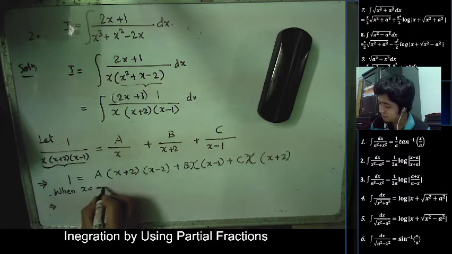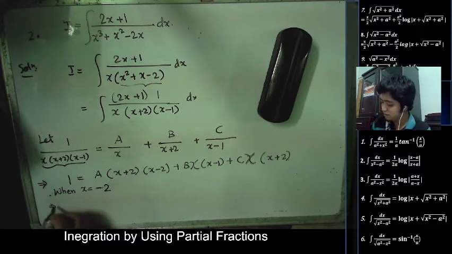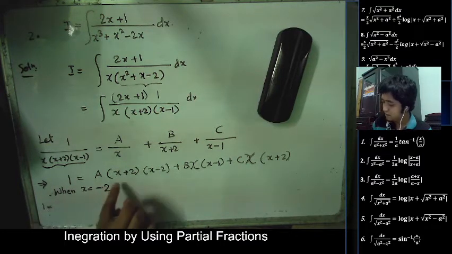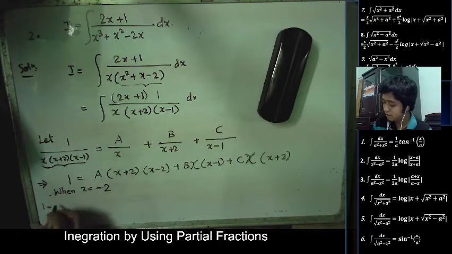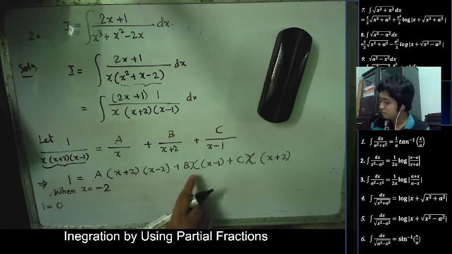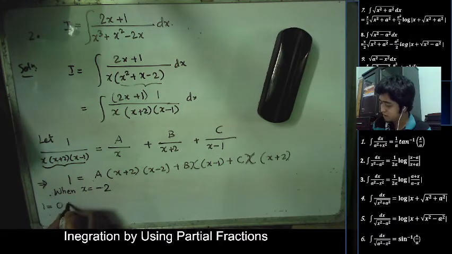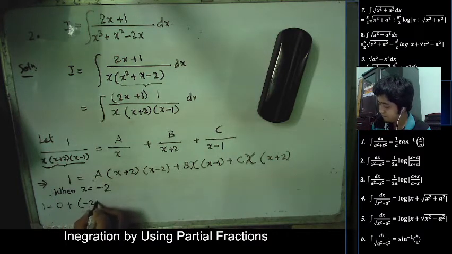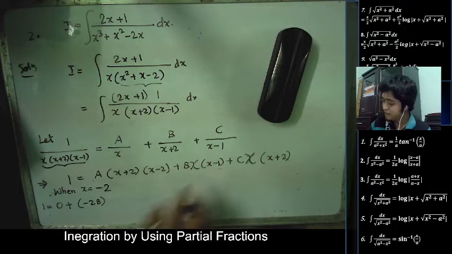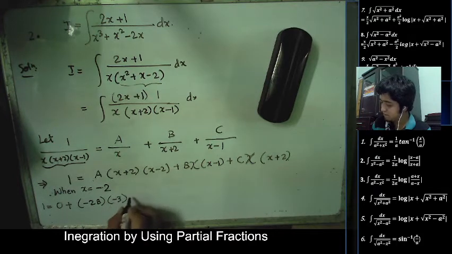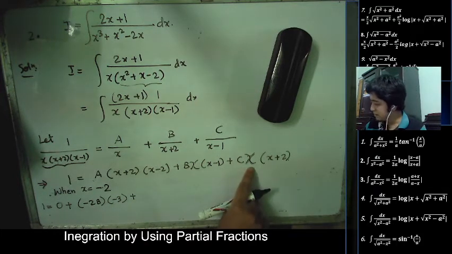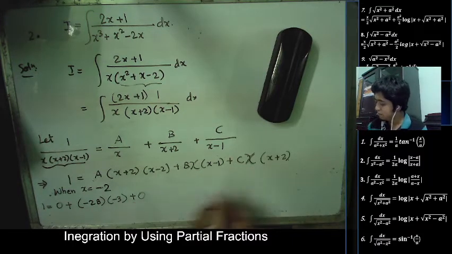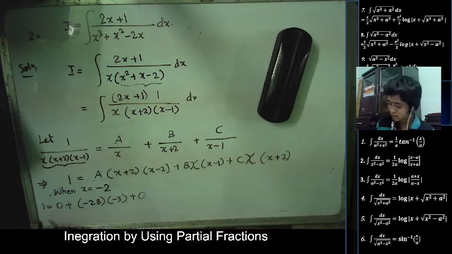So this one becomes 1. x is equal to minus 2, so this whole term becomes 0. Over here we'll be having minus 2b. Minus 2 minus 1 will give you minus 3. And this one becomes 0 because x is equal to minus 2. So we can easily find out what b is. It will be 1 upon 6.